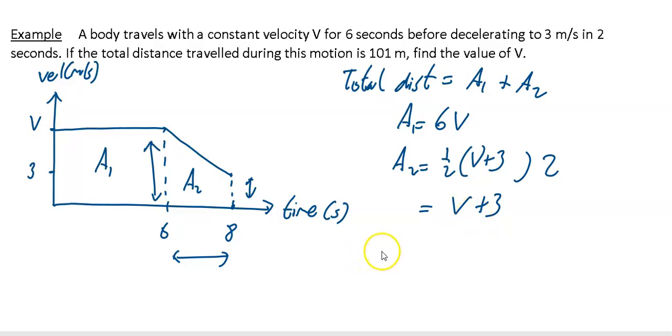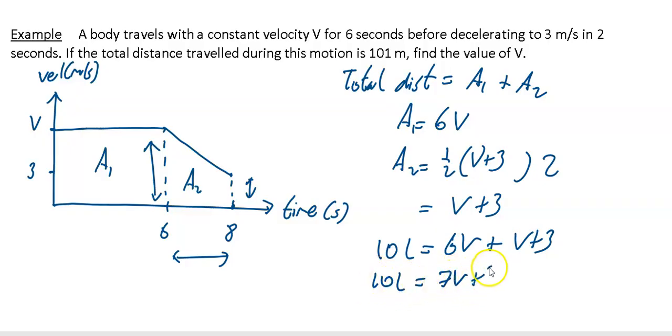We also know our total distance was 101, so 101 is equal to 6v plus v plus 3, which means 101 is equal to 7v plus 3. Take the 3 across to the other side, you'll have 98 is equal to 7v, and then a wee bit of working out, you're going to get your v is equal to 14 meters per second, and that's it.